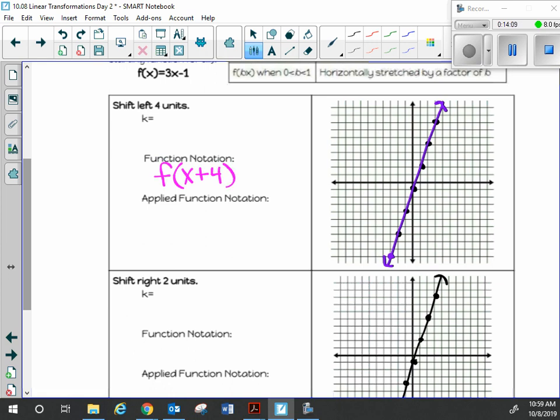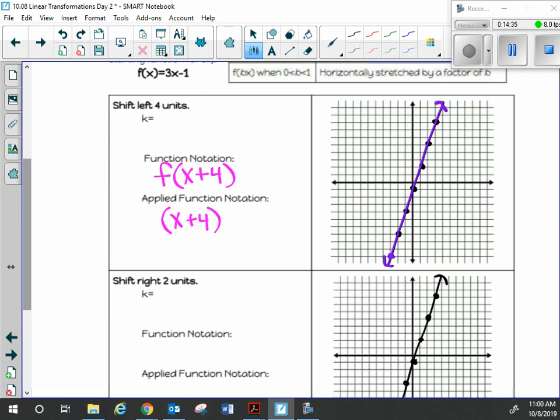So see how that's different from vertical? Now it's just applying to x, not to the entire thing. It's inside the parentheses. So as I replace my original function into the rule, 3x minus 1, the only part that's going to change is where I see x.